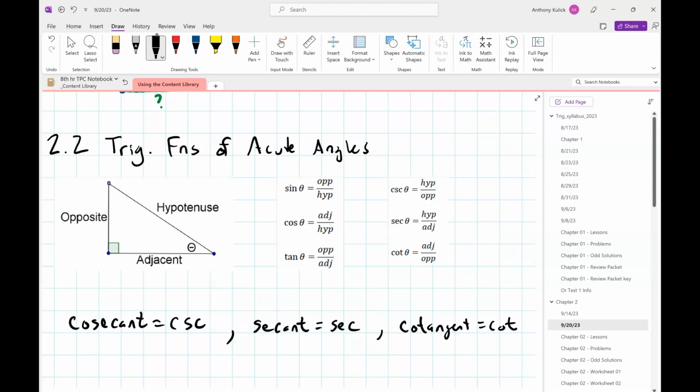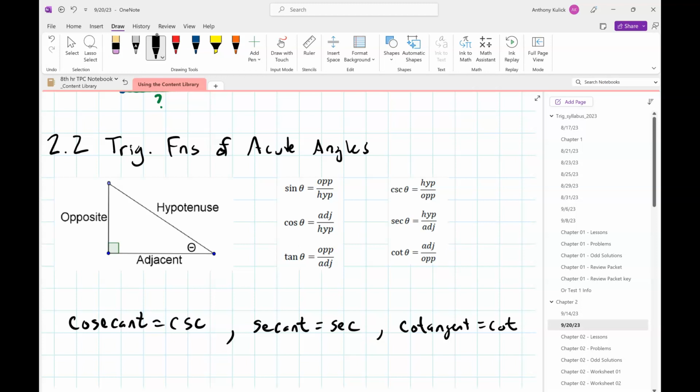Did you notice anything about the relationship between sine and cosecant? One is opposite over hypotenuse.